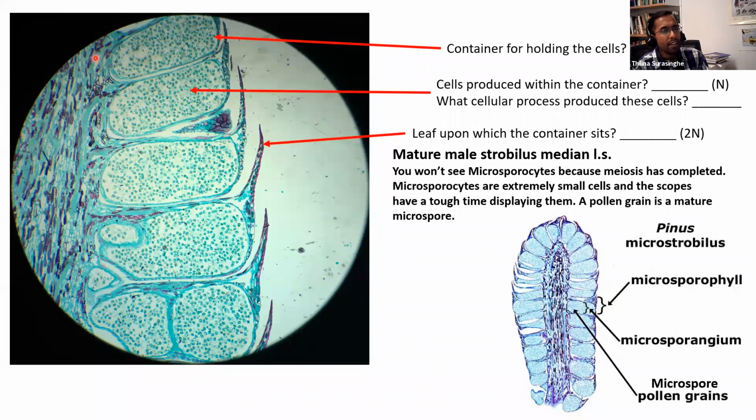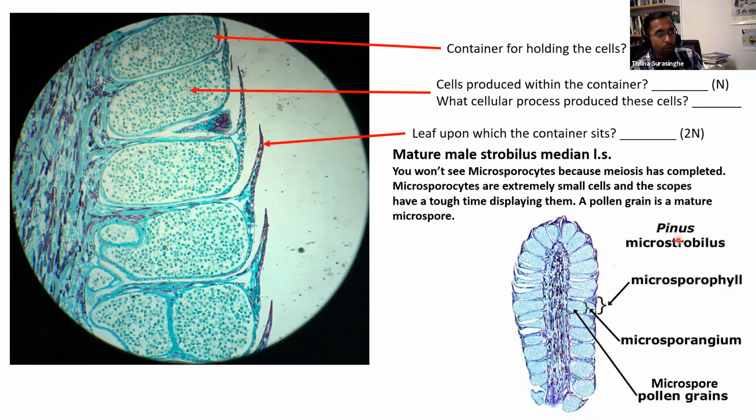All right, a few more labelings. Here we are looking at a mature male strobilus, or mature male cone, cross section. Just to help you out, I'm not going to go over this because I have an image here for you to label.